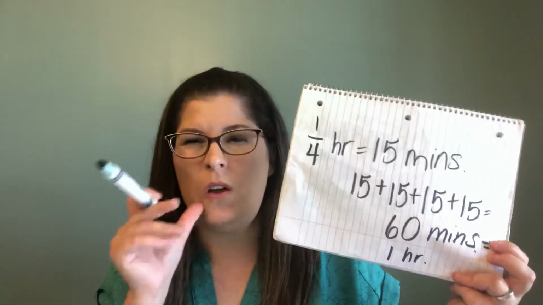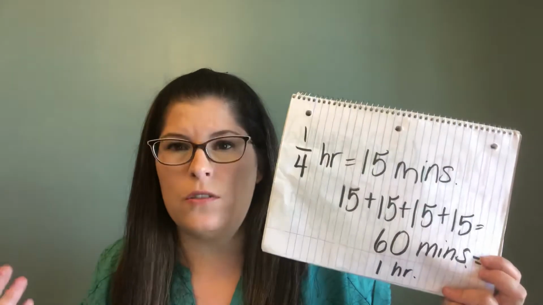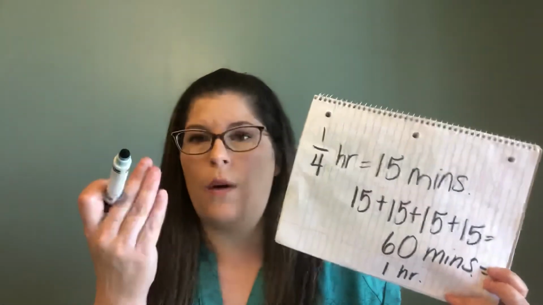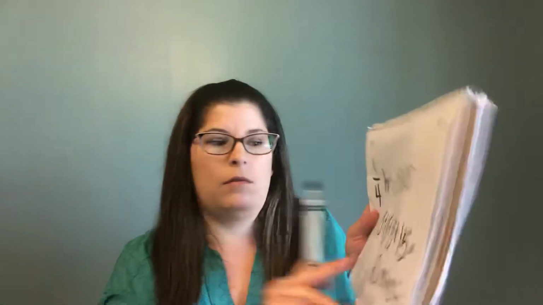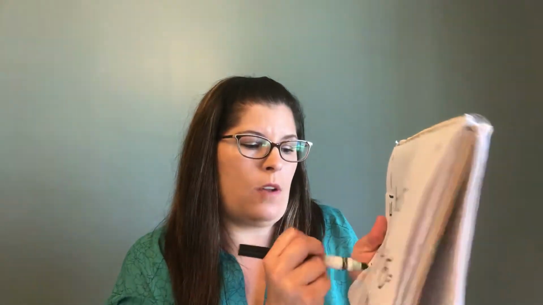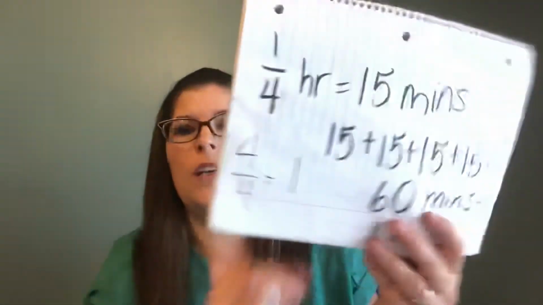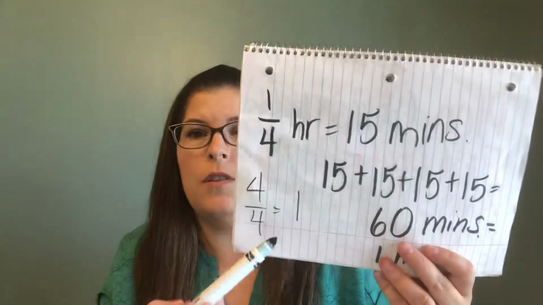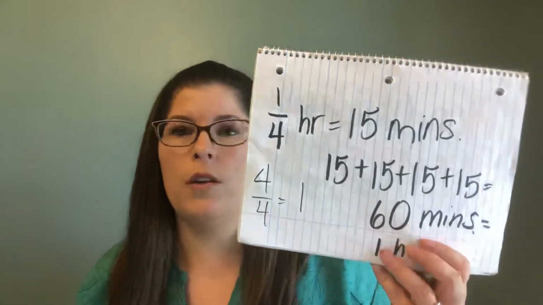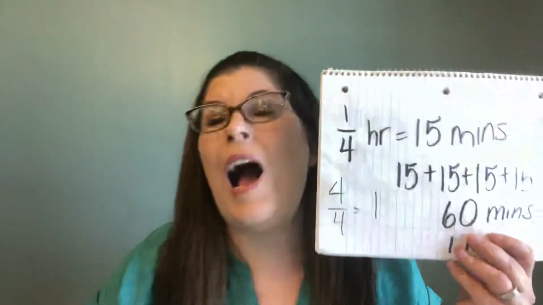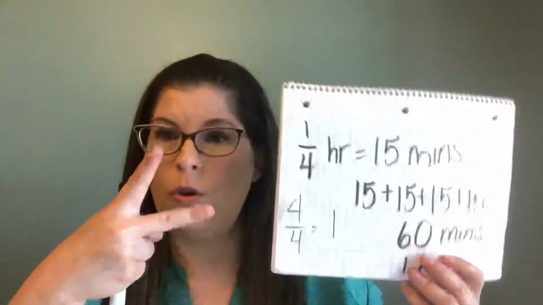So first let's look, how many quarters are in 1 hour? Well, that would be 4/4 equals 1. Anytime the numerator and denominator are the same, it equals 1. So if the denominator is 4, the numerator is 4. So I want you to find out how many quarters are in 2 hours.